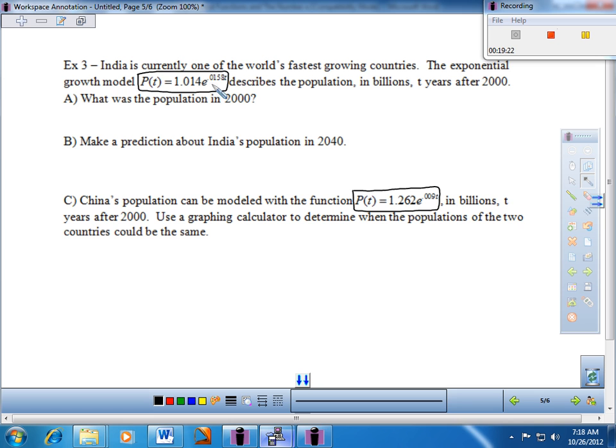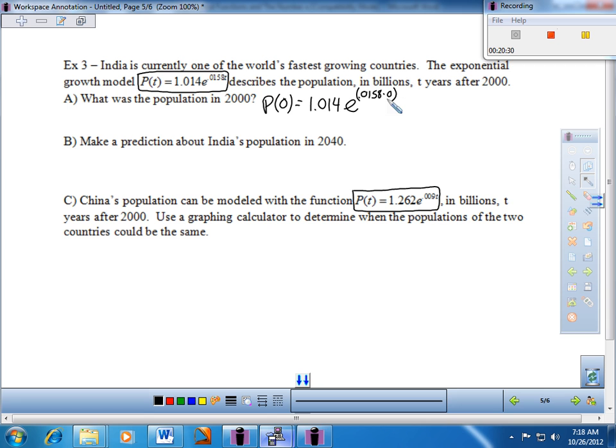If this is talking about a population model t years after 2000, then the year 2000 is year 0. I hope everybody is in agreement on that. Our model is starting at year 0, and that year 0 represents 2000. And so looks like I have this piece right here. Again, just kind of get comfortable with how this plays out. And times 0, I'll just kind of put it like that.